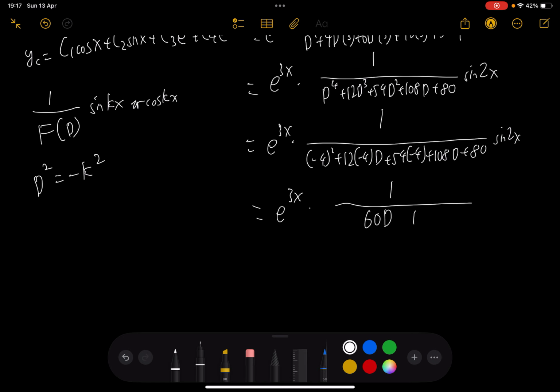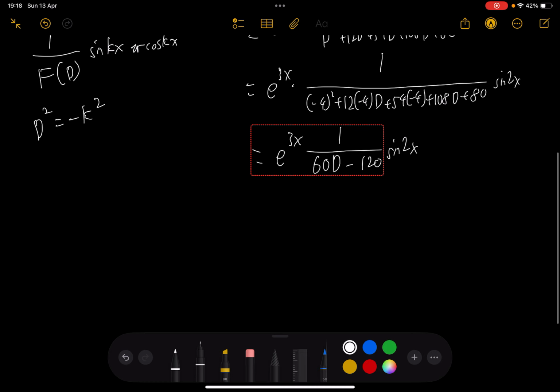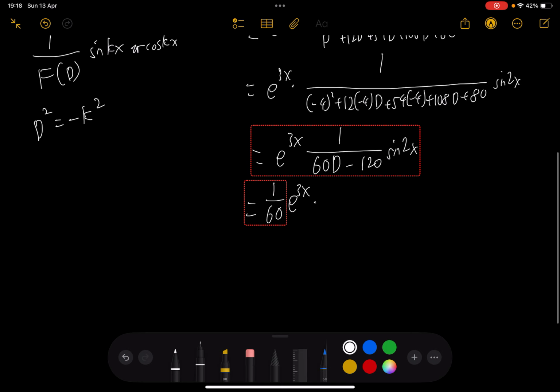It will give you negative 120, and then times sine 2x. Then we can factorize the 1 over 60, so you can get 1 over 60 times e to the power of 3x times 1 over d minus 2 sine 2x.